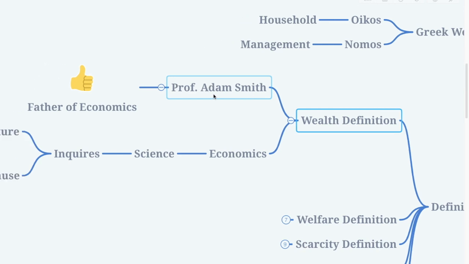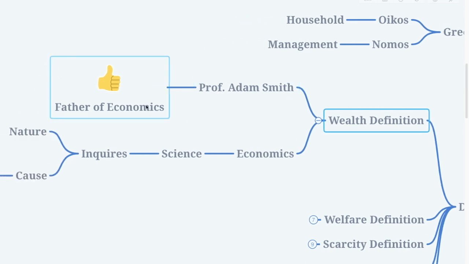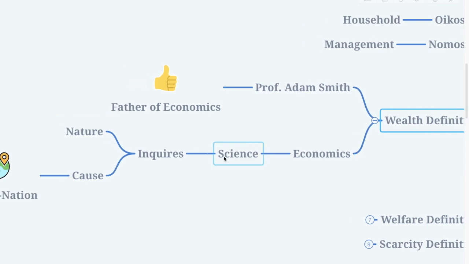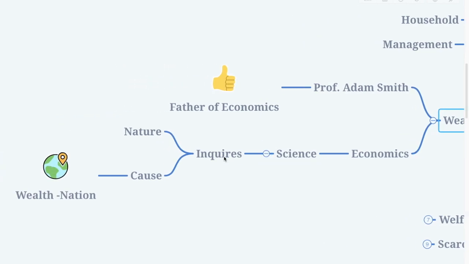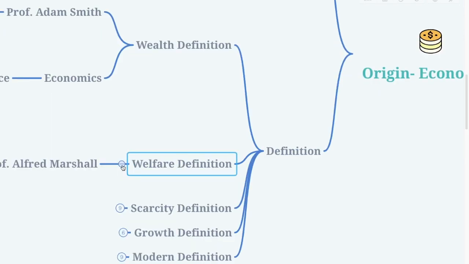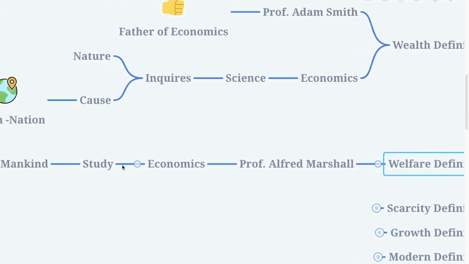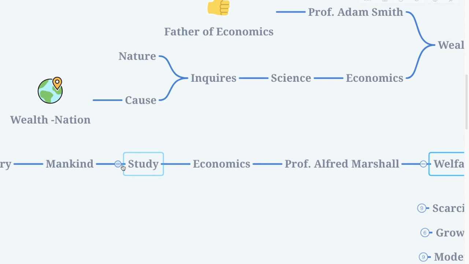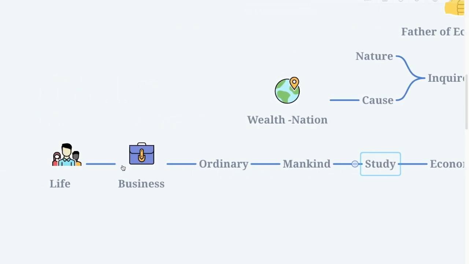Professor Adam Smith is called the father of economics. Please remember this. Professor Adam Smith is called the father of economics. According to him, economics is a science which inquires into the nature and cause of the wealth of nations. Welfare definition, we have Professor Alfred Marshall, who defines economics as a study of mankind in the ordinary business of life.